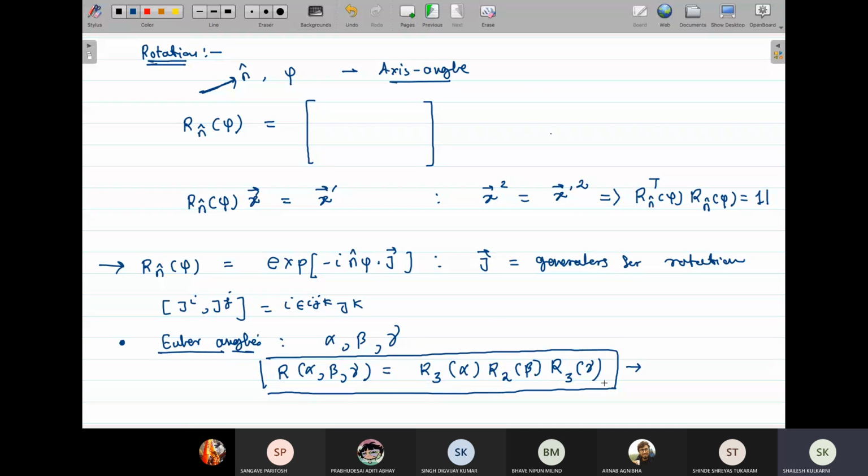And one can write these also in terms of generators. So in the Euler angle parameterization, your R(alpha, beta, gamma) can be written as e to the power minus i alpha J3, e to the power minus i beta J2, e to the power minus i gamma J3. But don't try to write this as a single exponential, because these are matrices.